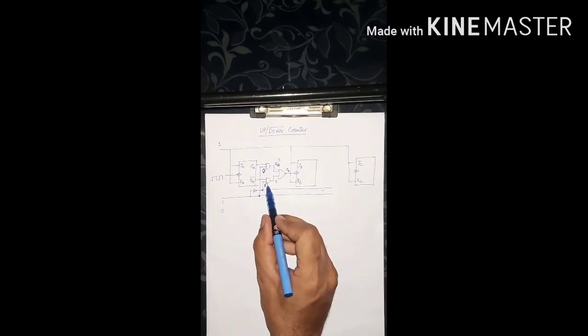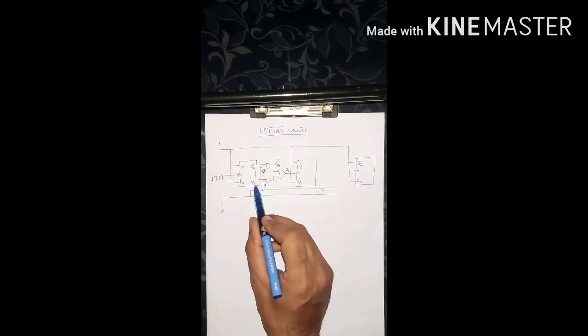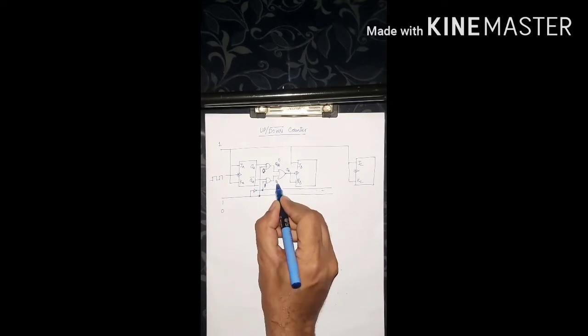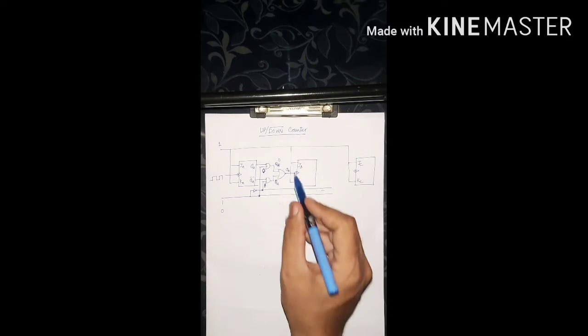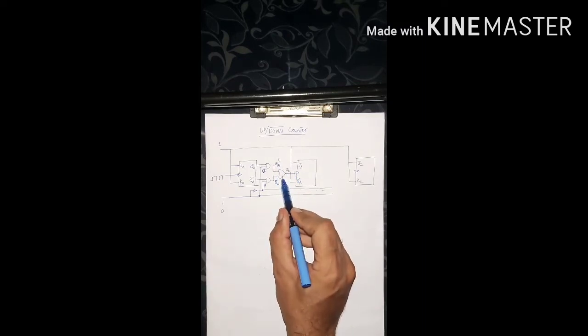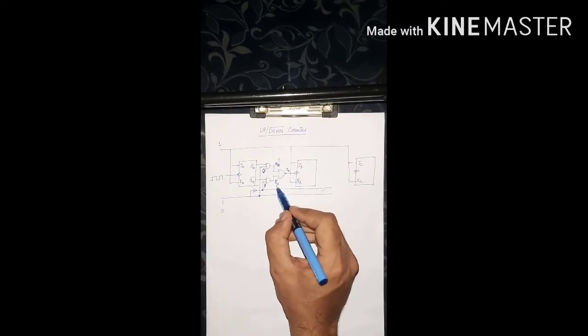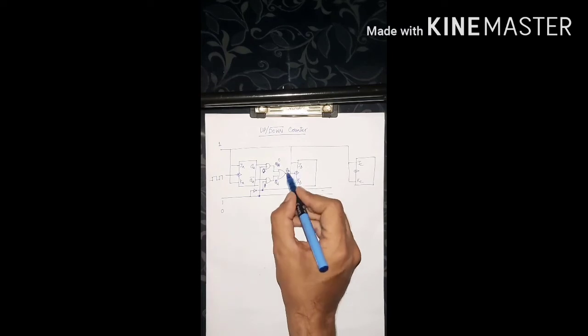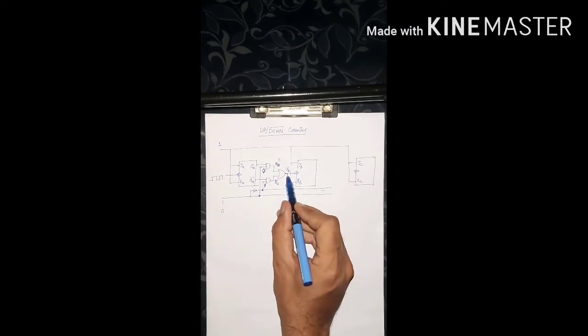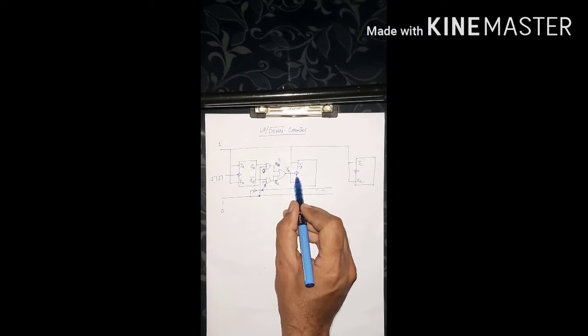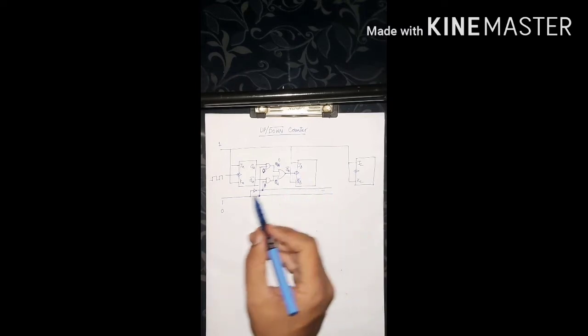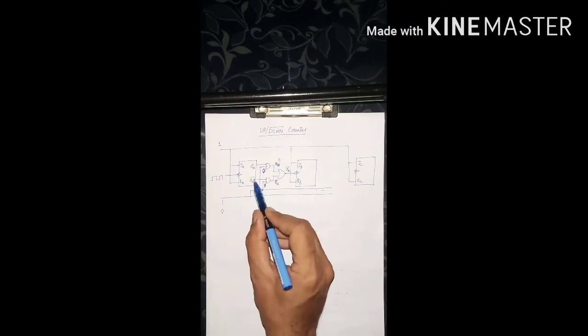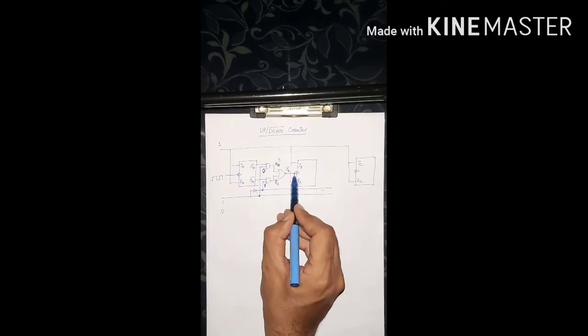And one input of this AND gate is 1, and the other input is QA complement. So output will be QA complement, and output of this OR gate will be now 0 ORed with QA complement. So if this is 0, it will be 0. If this is 1, this will be 1. So output this time reaching here is QA complement, and this signal will be fed to this terminal. So now in case we provide 0 here, QA complement is reflected at this point.